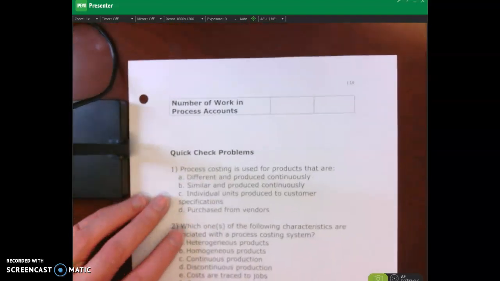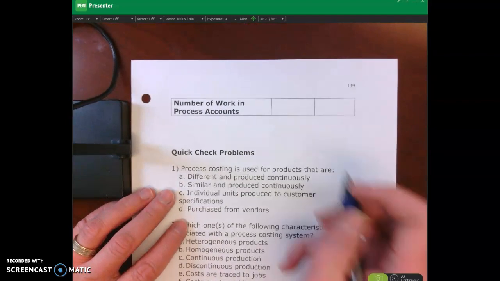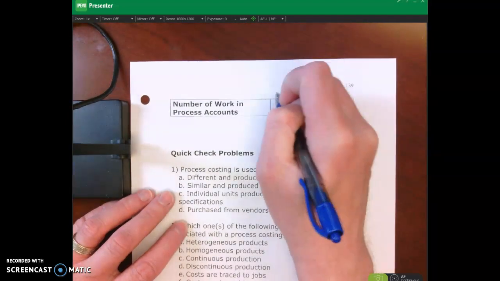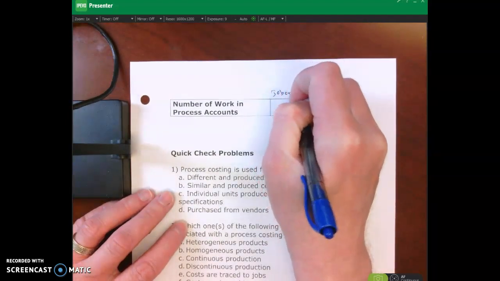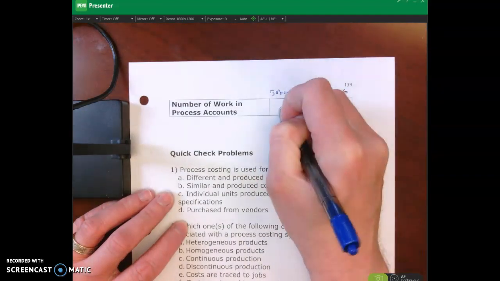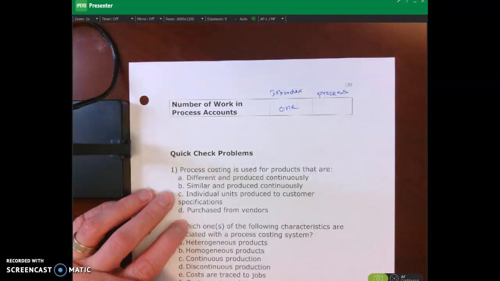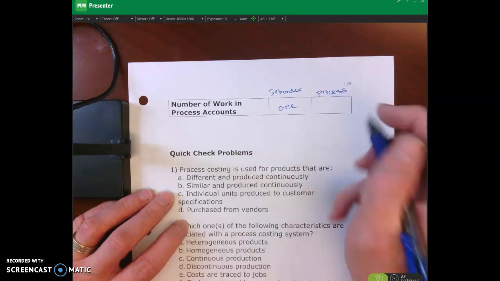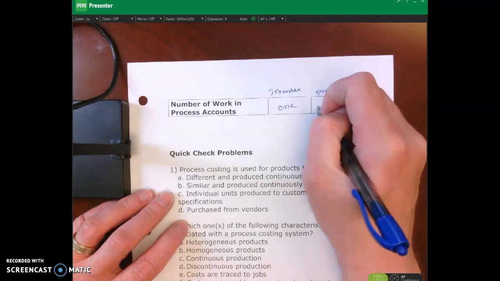Moving on to the next page, right over here, in terms of the number of work in process accounts. Over here with job order, I'll give that a header. This one's process. We have one WIP account that we use, work in process account, for job order. But over here with process, we have many.